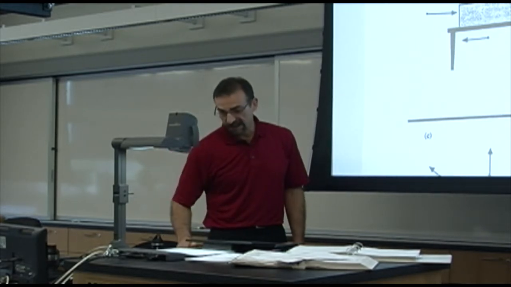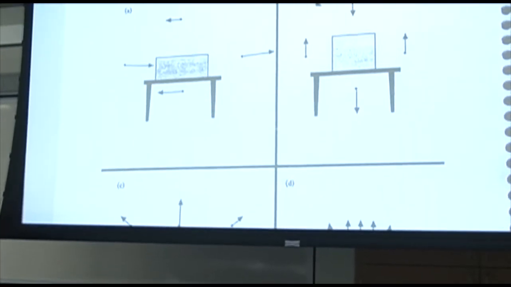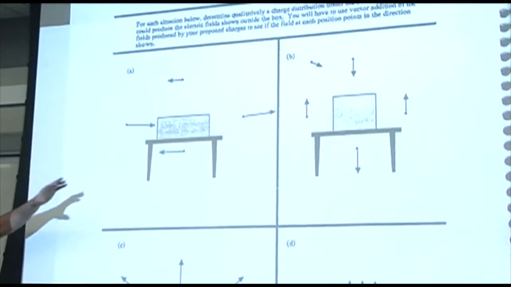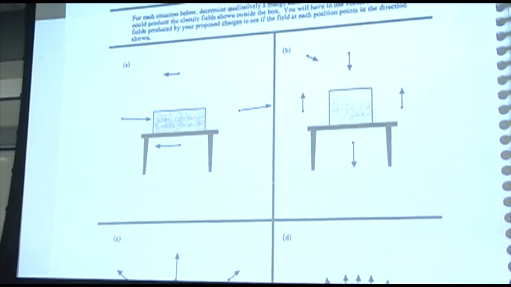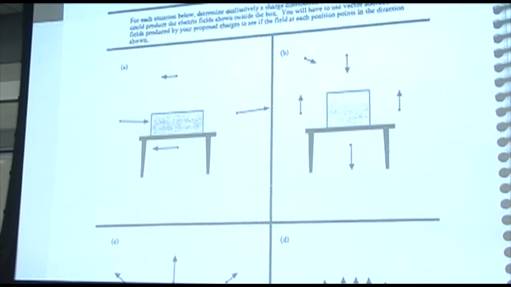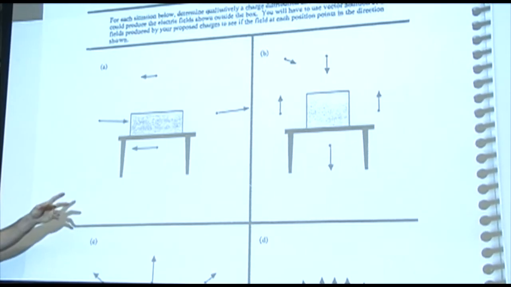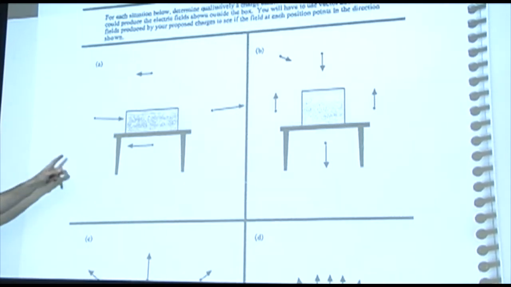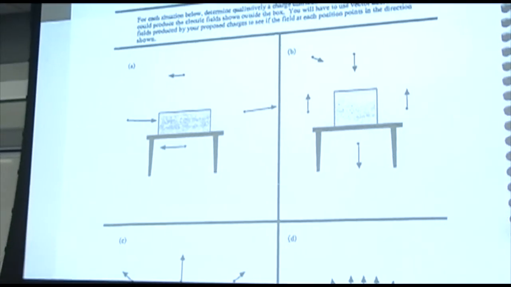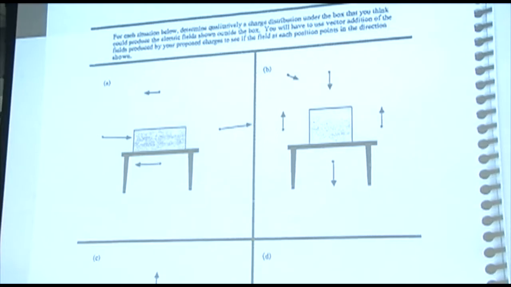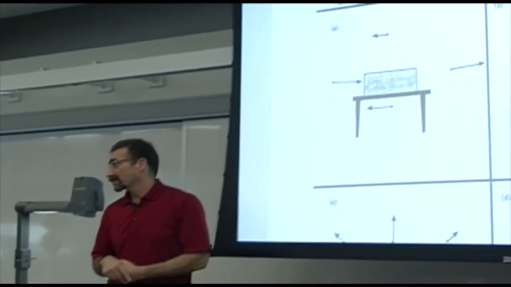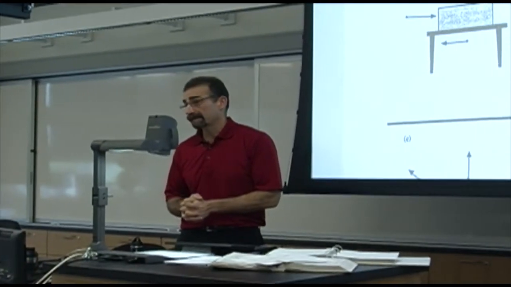And this first box, the mystery box, inside of this box there's some charge or charges. And they've given us some electric field lines indicated around the outside of the box. Your job is to guess what the charge distribution looks like inside that box.